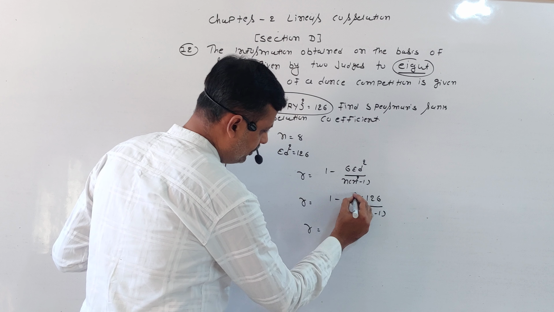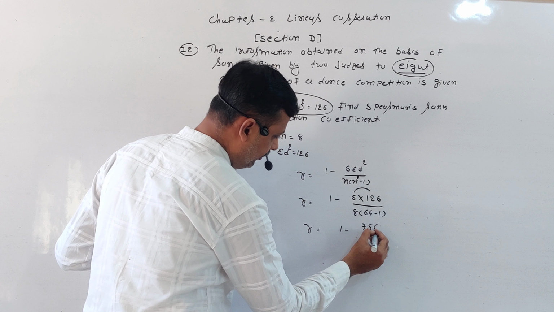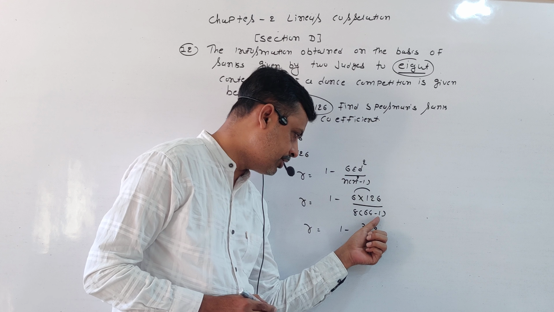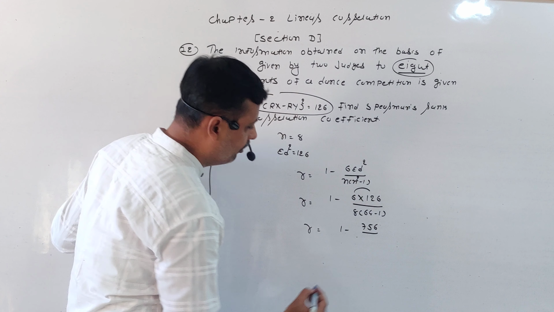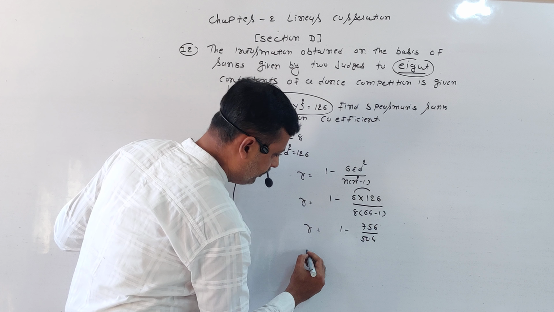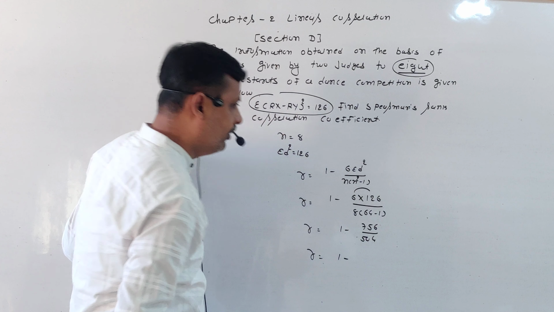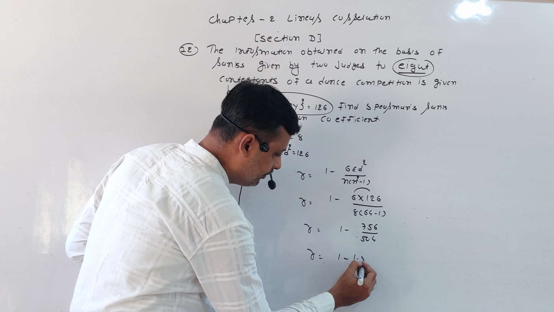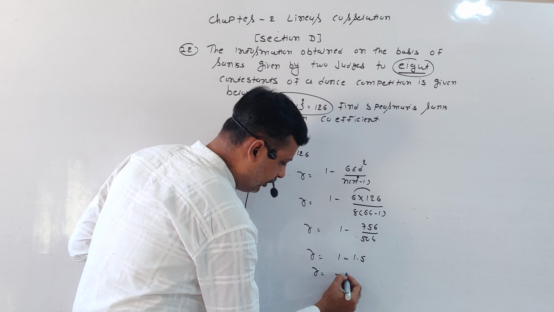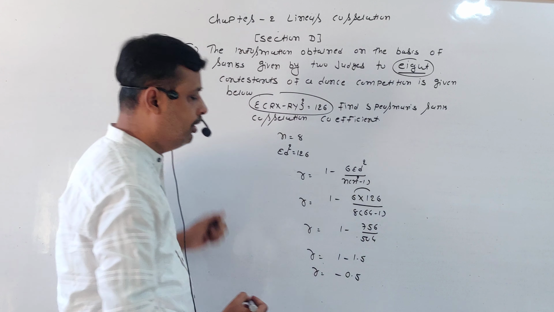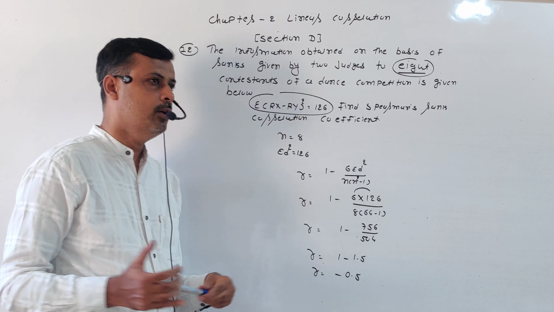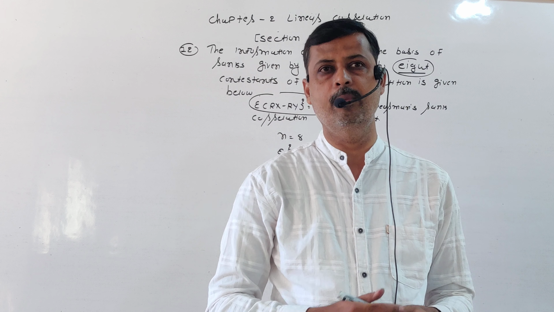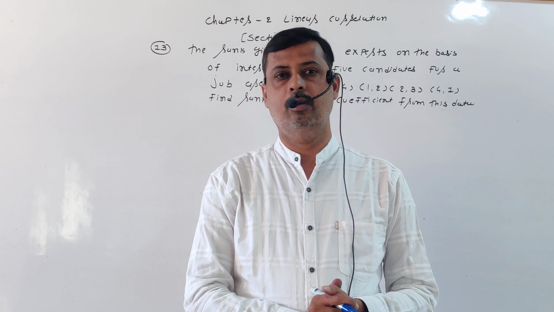So 6 into 126 is 756. 64 minus 1 becomes 63, into 8 becomes 504. And 756 divided by 504 is 1.5. And 1 minus 1.5 becomes minus 0.5. So the rank correlation coefficient between the two variables is minus 0.5.